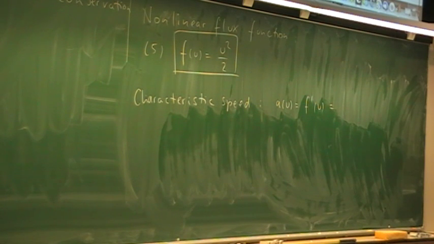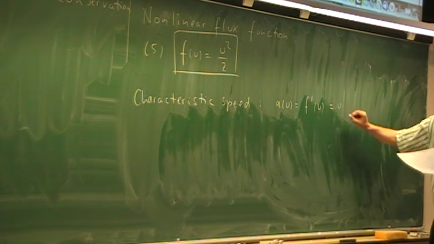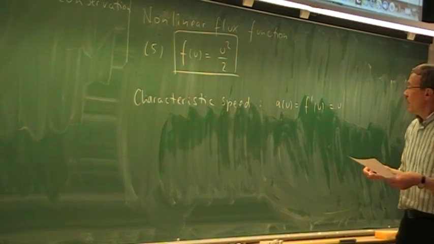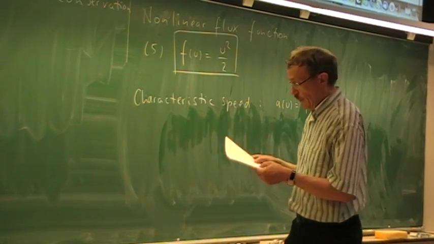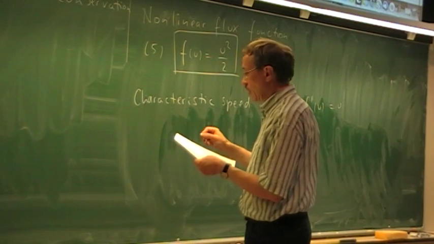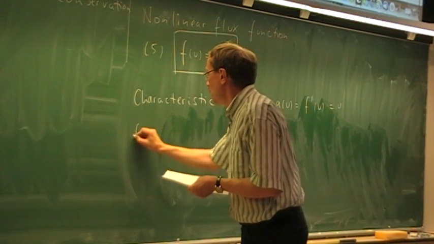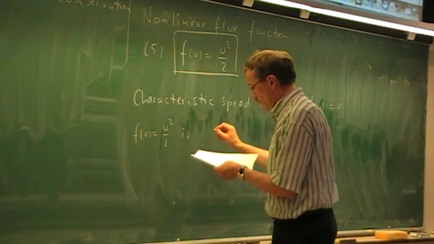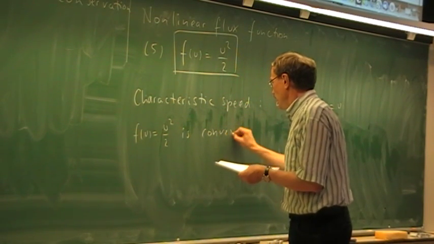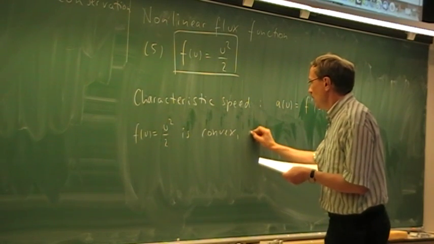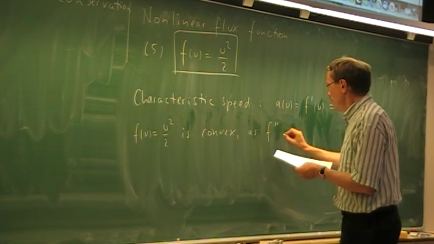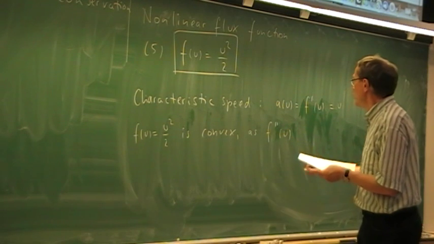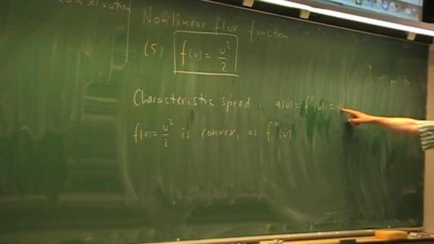So that is 2u divided by 2, that is simply u itself. And the flux function is convex, so f of u squared half is convex, and the definition of that is that the second derivative of f with respect to u, you see we have already taken the first derivative, the second derivative then is 1.